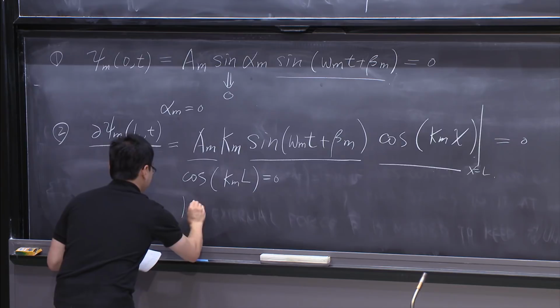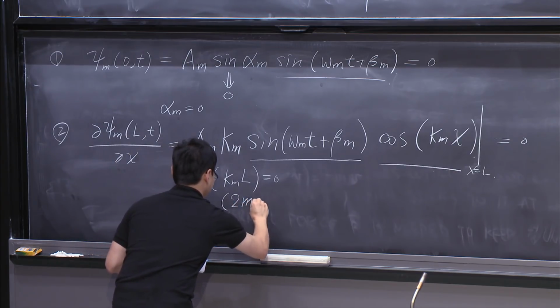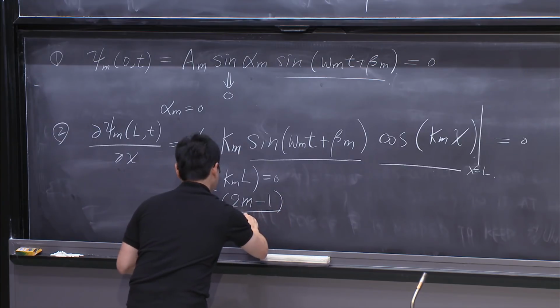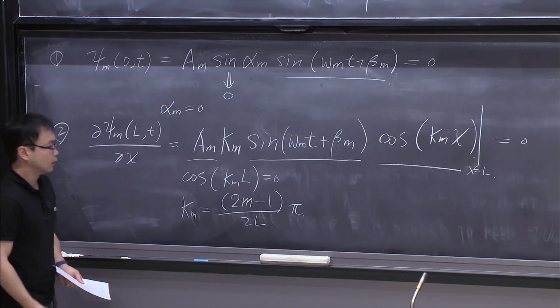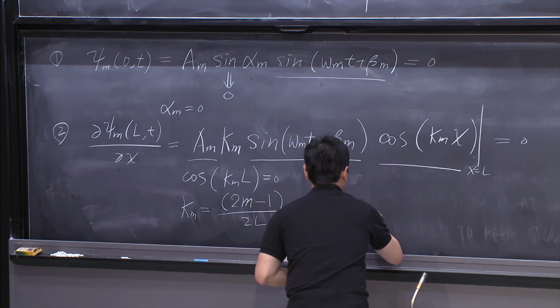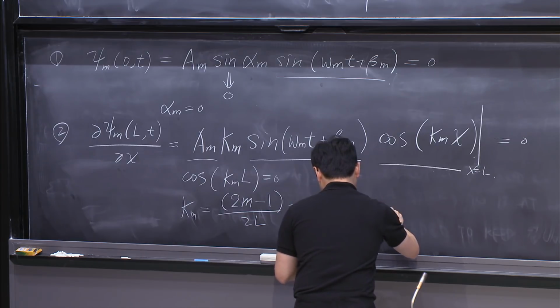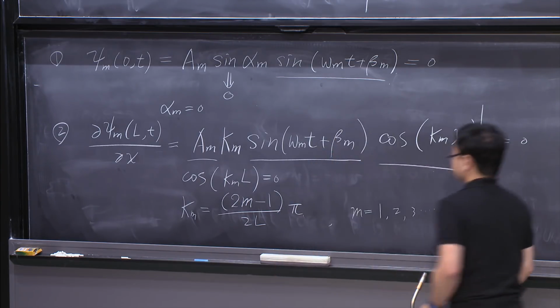This means that kn has to be equal to (2n minus 1) divided by 2L times pi. Okay? You can check this. And this small n is equal to 1, 2, 3, etc.